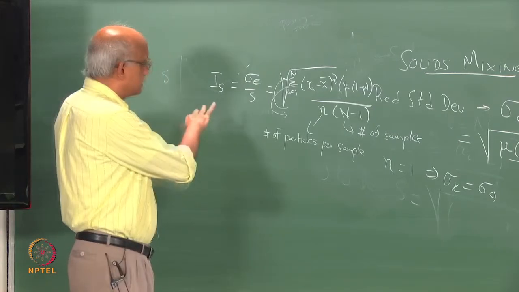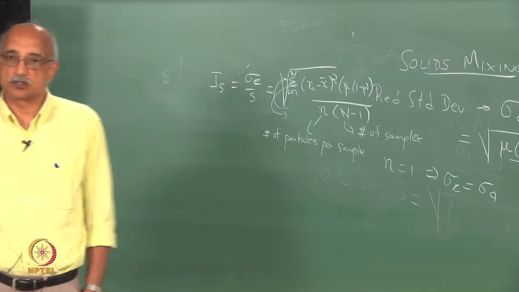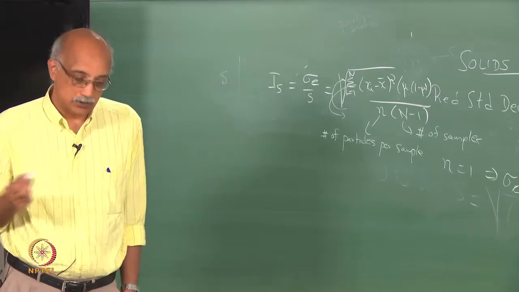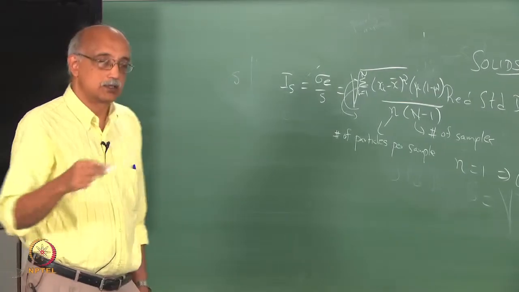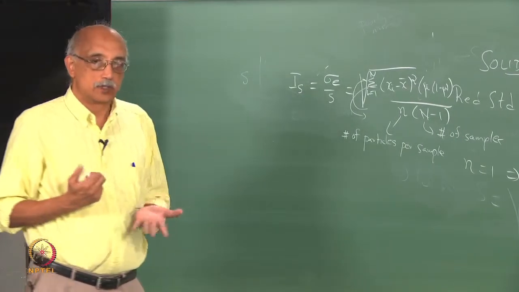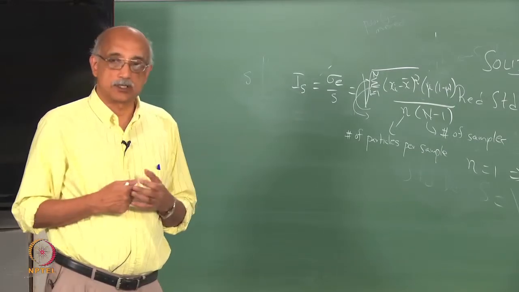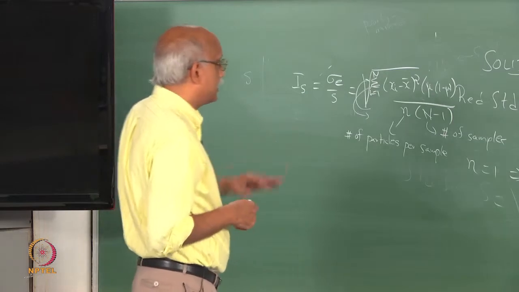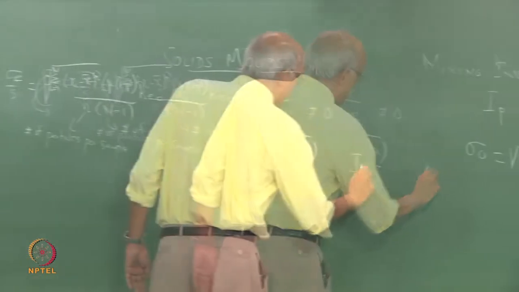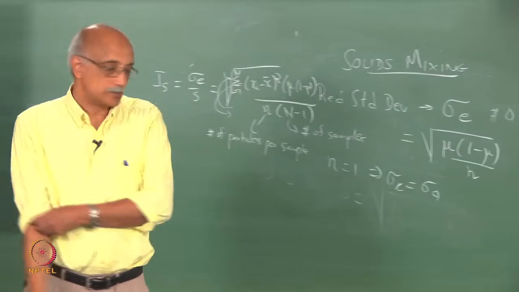Okay, so the definition of I_S or the mixing index for solids is different from the mixing index of a paste, again based on the fact that in one case the reference standard deviation is your initial condition, and in the case of the solids the reference condition is your equilibrium condition. But for a solid, what is the mixing index at time equal to 0?